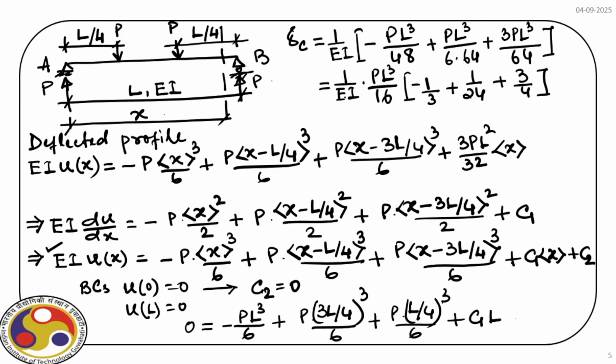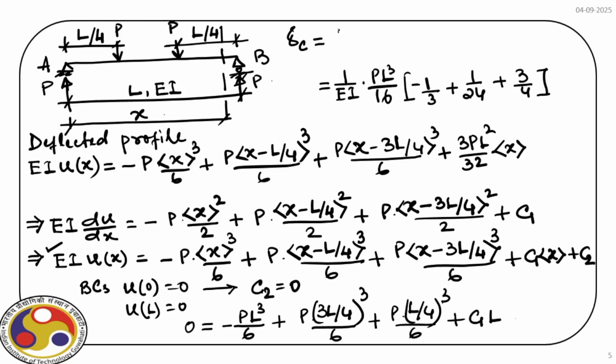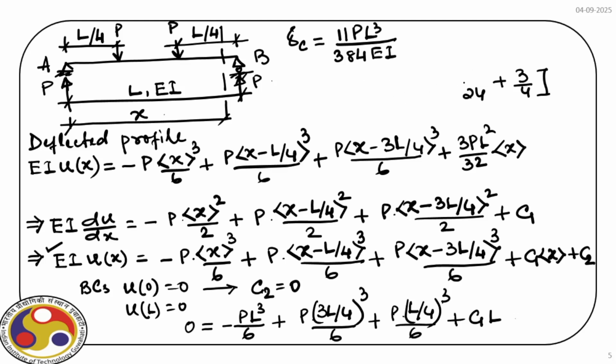Now, if you simplify this expression, we'll get the value of delta C, and that is equal to 11 PL cube divided by 384 EI. So that is the central deflection of the beam under two-point loads at the quarter points.